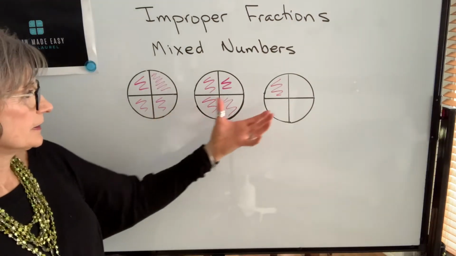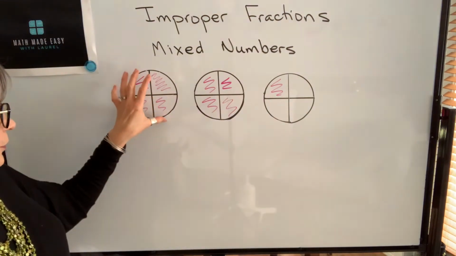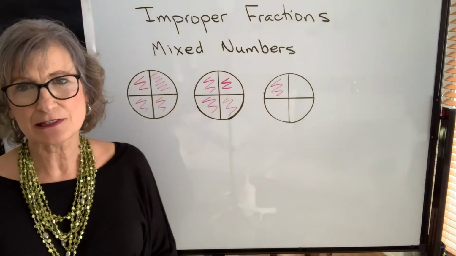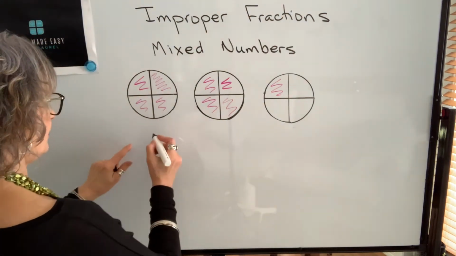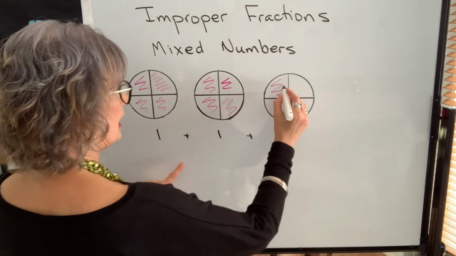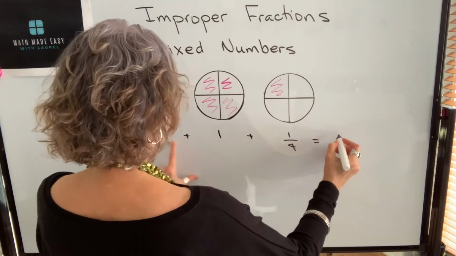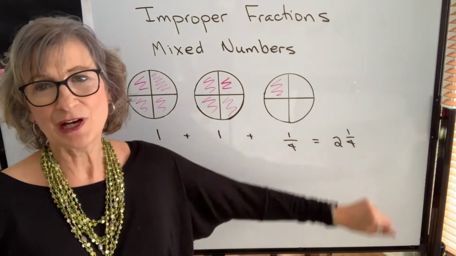So if we had these 3 pies and you and your buddies ate all of these pink colored pieces, there's 2 ways we can express that. You can say you had 1 pie plus 1 pie plus 1/4 of a pie to get 2 1/4, which is 2 1/4 pies.